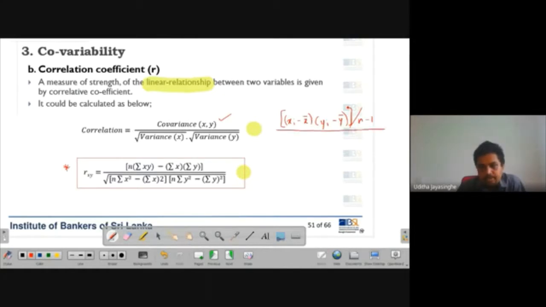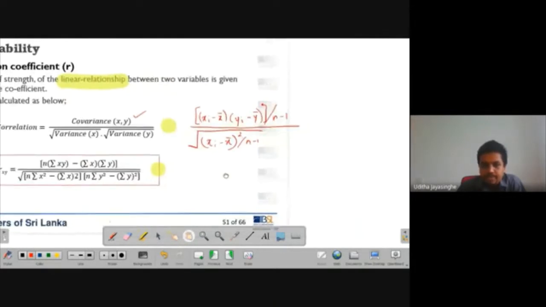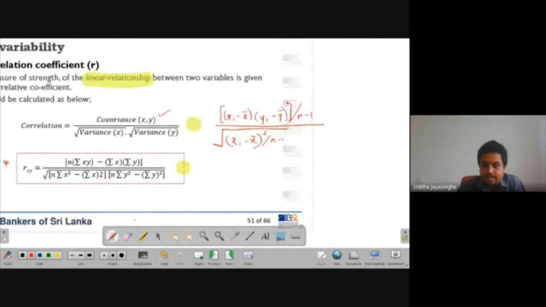With this on top, we are going to divide by the variance of the x variable, xi minus x bar to the square divided by n minus 1, to the root. In fact, once you take the root of the variance, what do you call it? The standard deviation. Similarly for y, it's going to be yi minus y bar square divided by n minus 1.